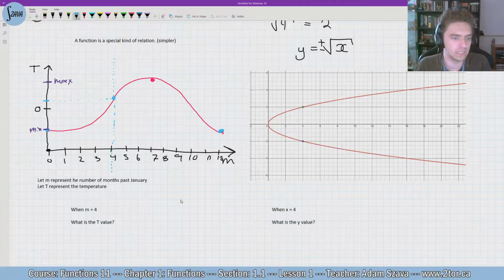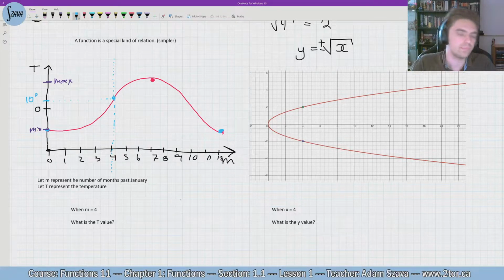We don't have any numbers here on the t-axis, so we don't really know exactly a number, but it is one number. It is only one number. Like I can take a guess, let's say 10 degrees, because that's maybe like 30 or 40. So it's not 10 degrees and also 5 degrees.